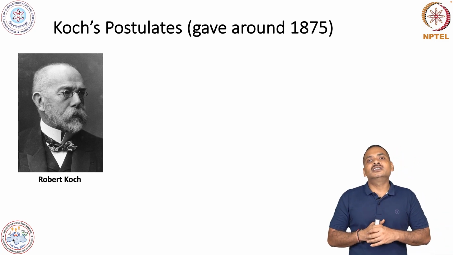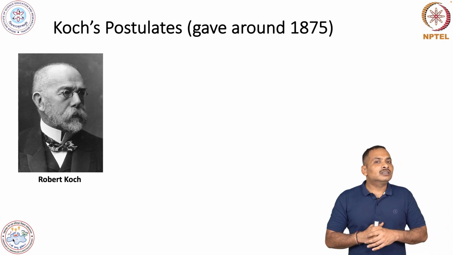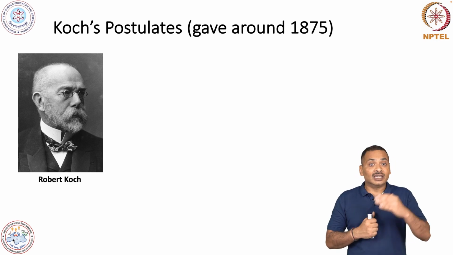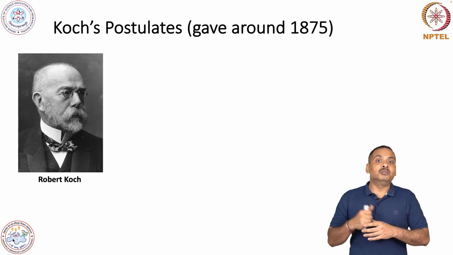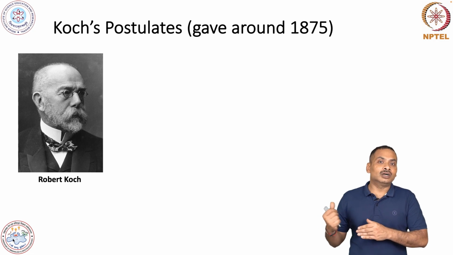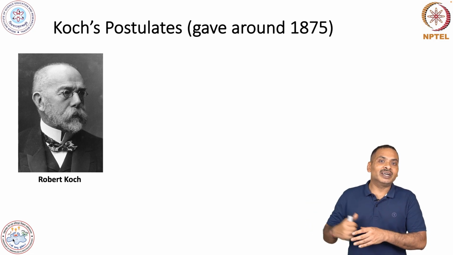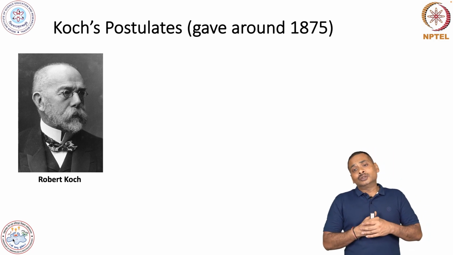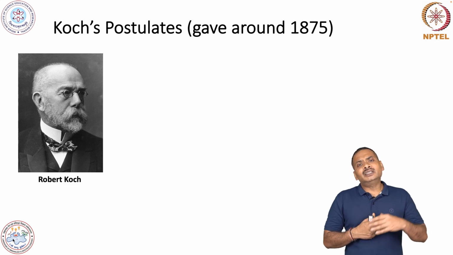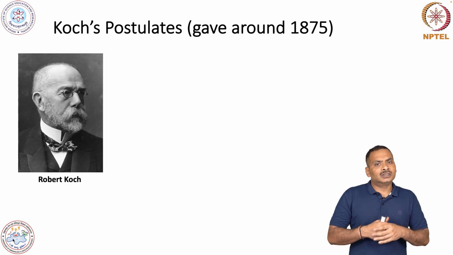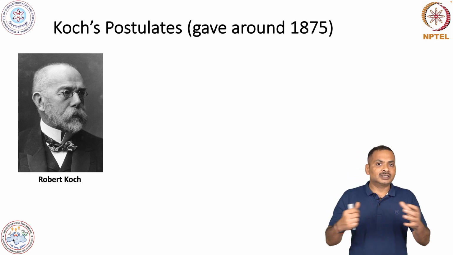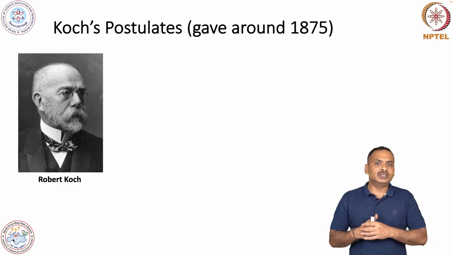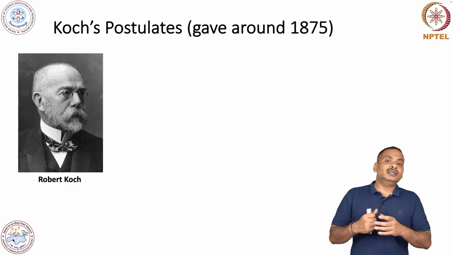What he did was inoculate the ear of a healthy rabbit with blood from a rabbit which died of anthrax. When he did this, the rabbit developed the disease, with the same signs and symptoms.